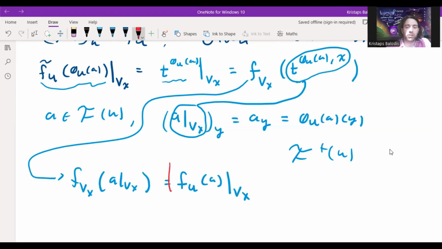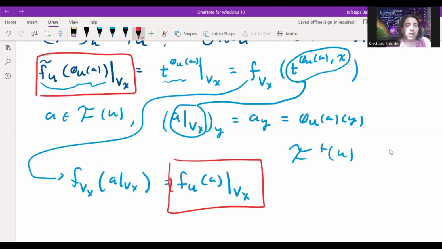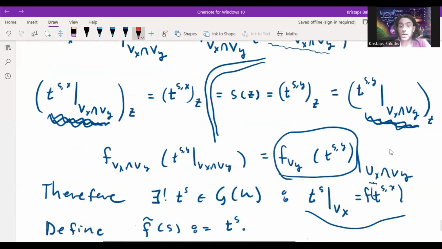And finally, once again, now I have this is equal to this, and the Vx cover u, and G is a sheaf, and so it had to be the case that actually these two things were straight up equal. Okay, so that gives the result.